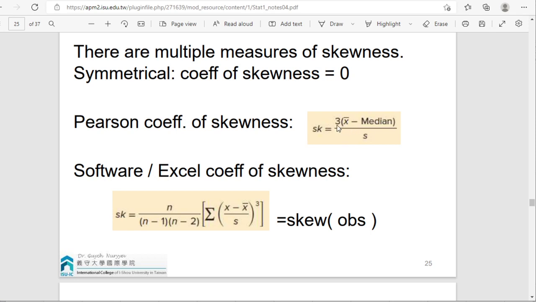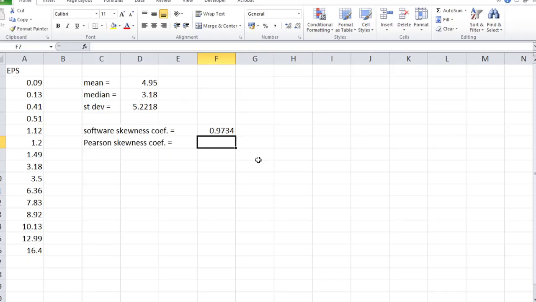So what we have is 3 times the mean minus the median divided by the standard deviation. That's going to be equals 3 times the difference between mean and median divided by the standard deviation.